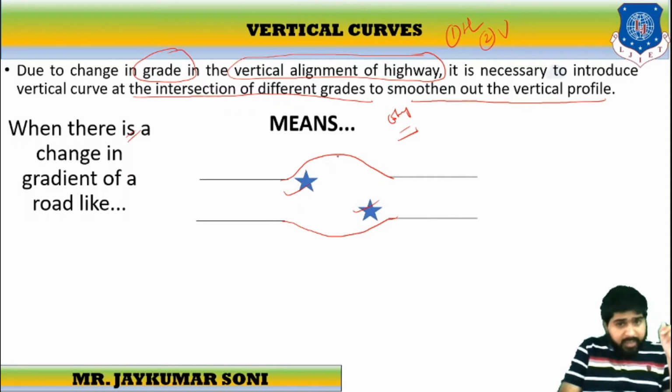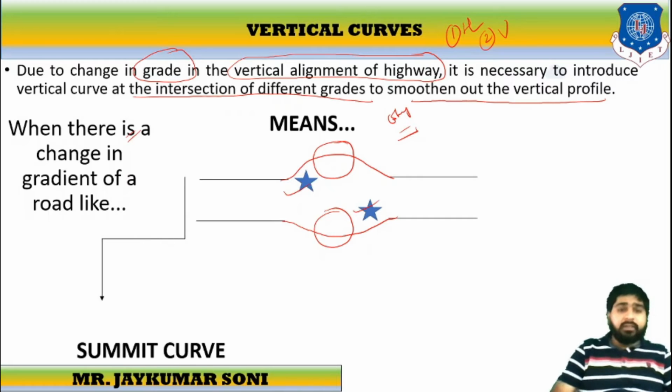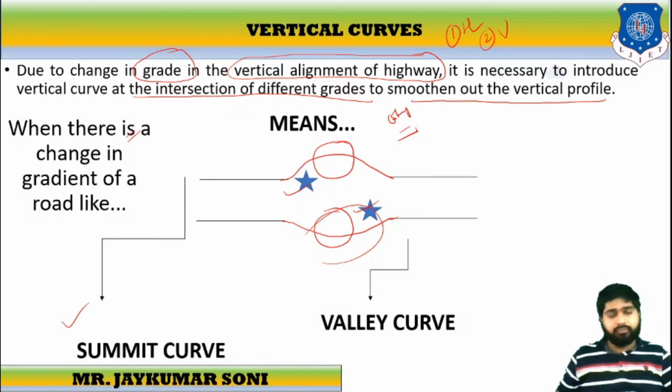This provision of curve is called as vertical curve, which is used to smoothen out this vertical profile which is provided at the intersection of different grades. Now this curve is called as summit curve and this curve is called as valley curve.